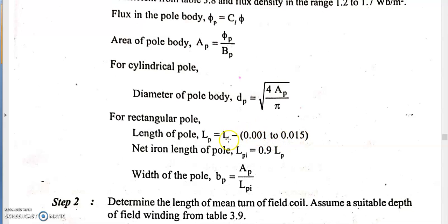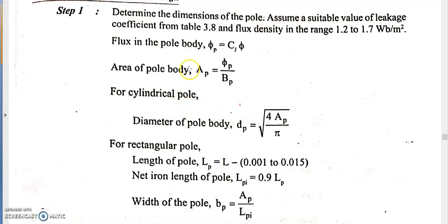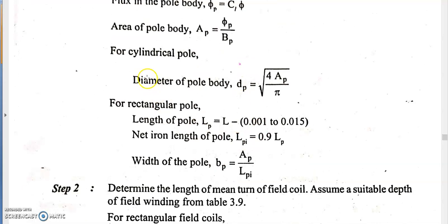So we get LP and LPI, then we can calculate the width of the pole in a rectangular pole. So two parameters we calculate: area of the pole body and diameter in case of a cylindrical pole, width in case of a rectangular pole.